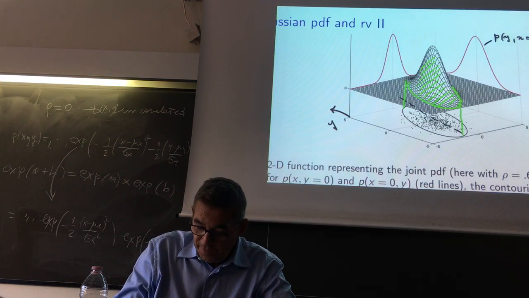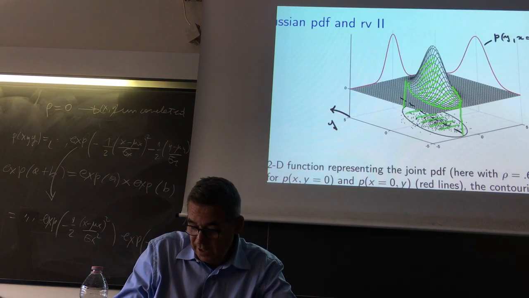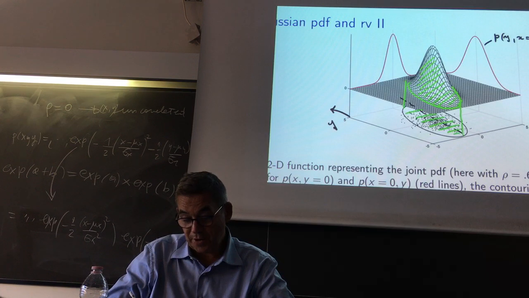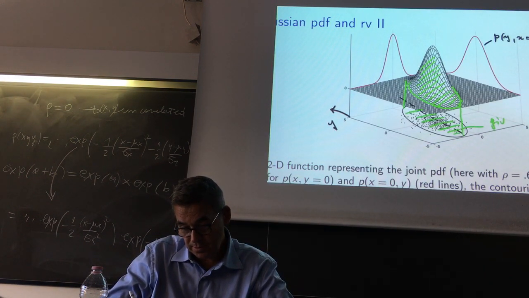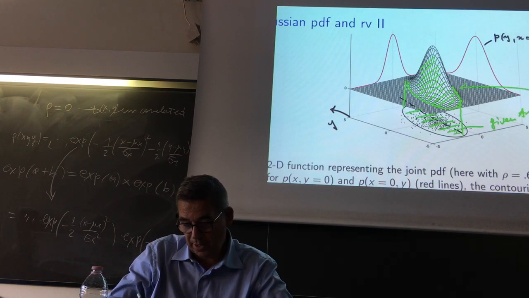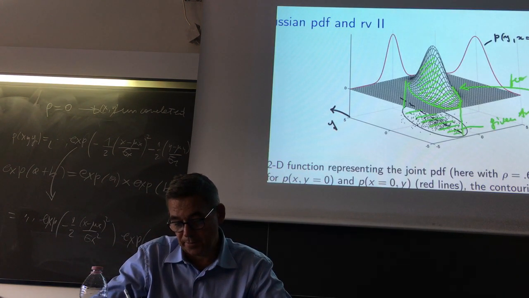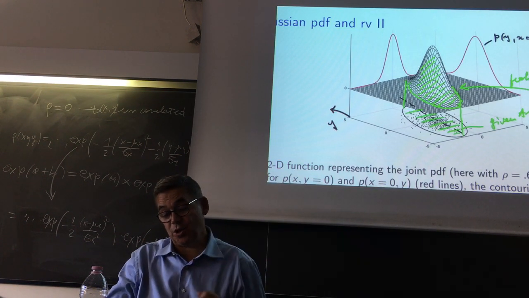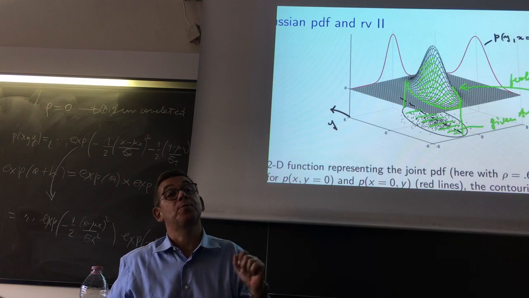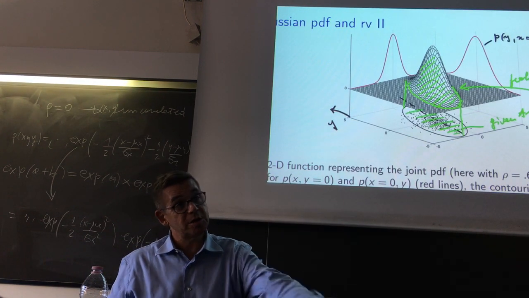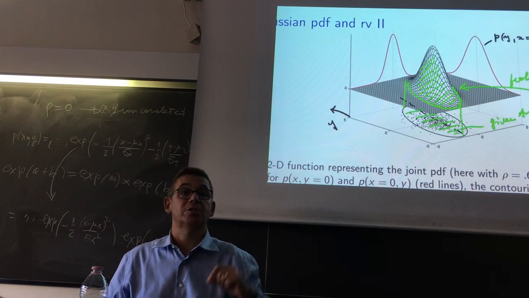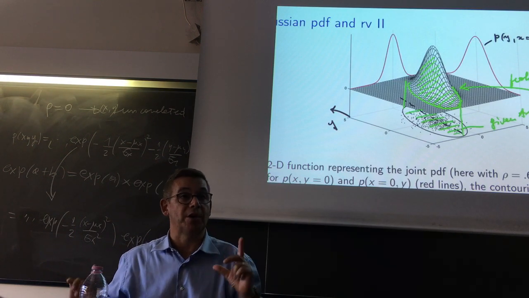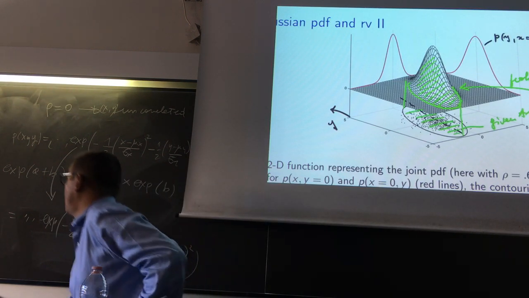So if I take this area, I can calculate the corresponding probability. Which means, assuming that I randomly choose a point, what is the probability that this point belongs to this area?